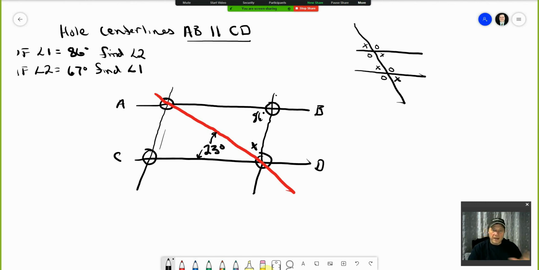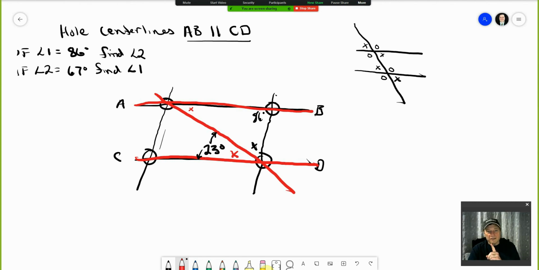So I want to look back at this and see, does this apply? It does apply, because I've said that line AB and line CD are parallel, and they are intersected by a transversal. So what does that tell me? It tells me that this angle and this angle are the same, right?